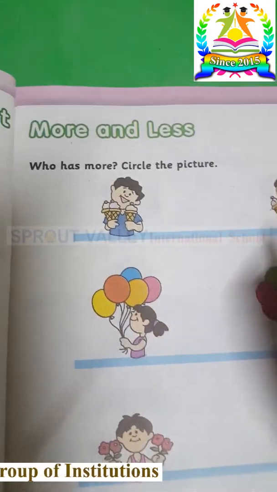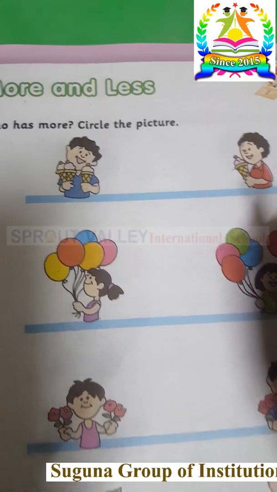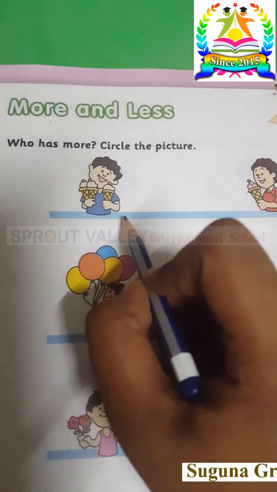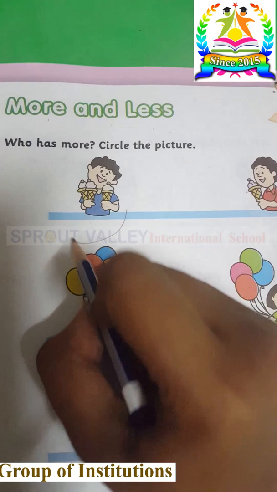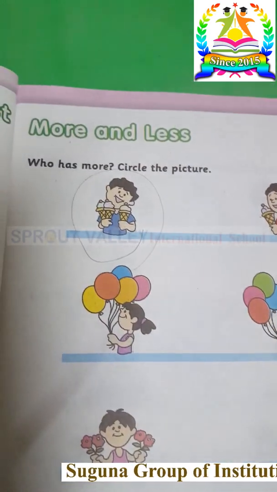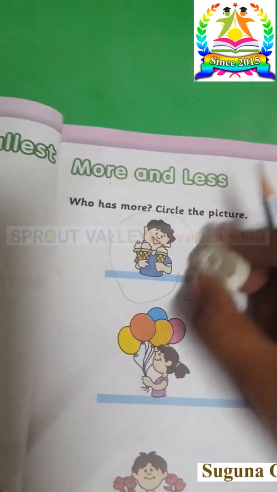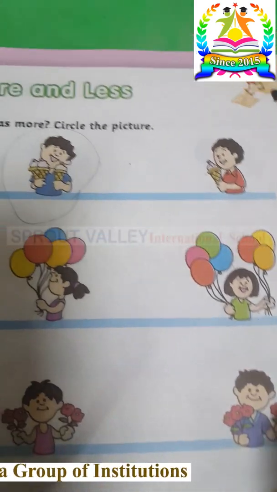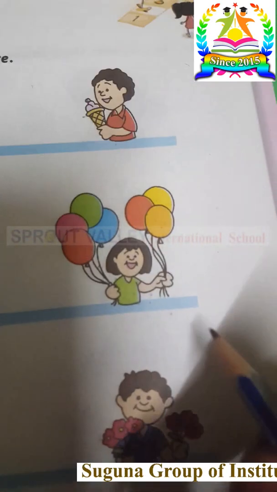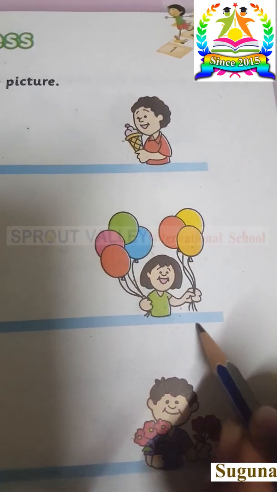Let's circle who is having more and who is having less. This boy is having 3 ice creams, so he is more. So he is having more. The girl with 7 balloons is more.